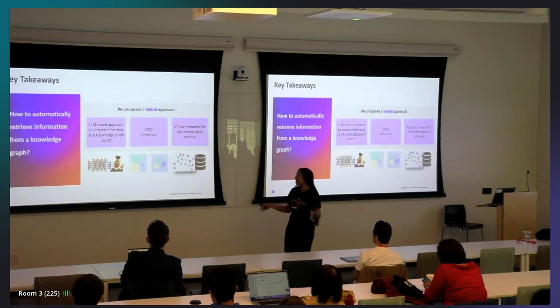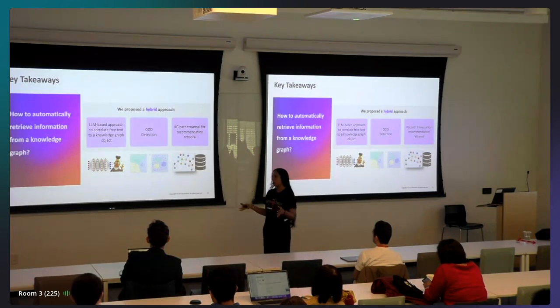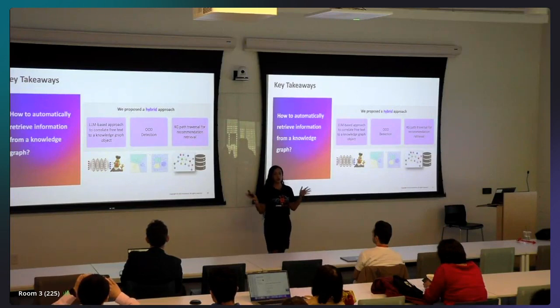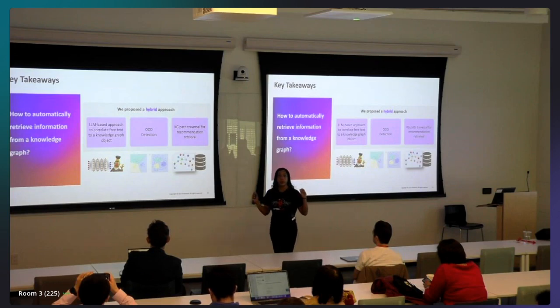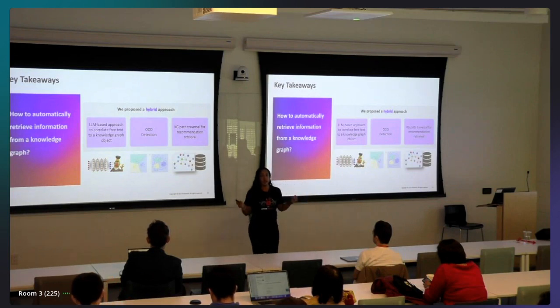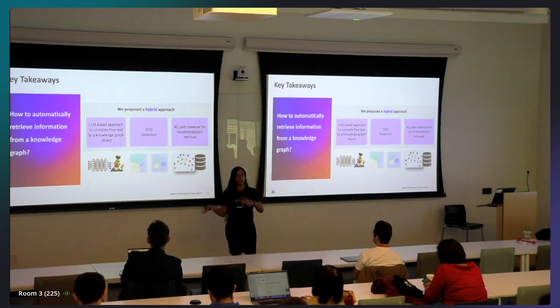So let's talk about the key notes and what we saw in this talk. The talk is generally about how to automatically retrieve information from the knowledge graph. And we have a hybrid AI approach containing three main parts. The first part is an LLM-based approach to correlate the textual description to a specific class.